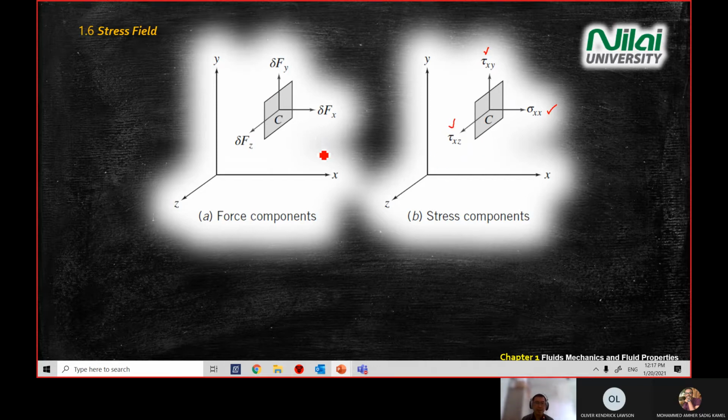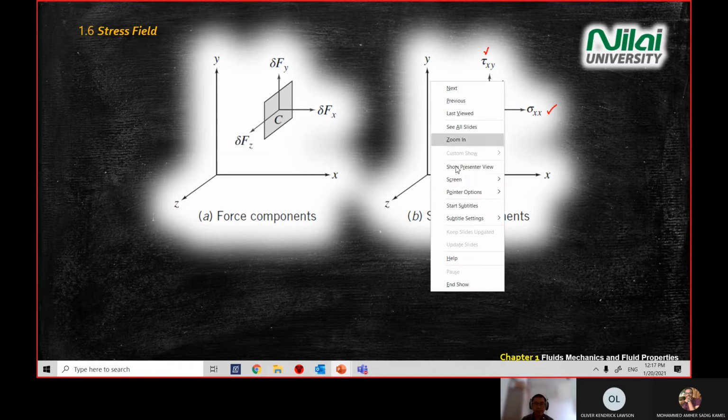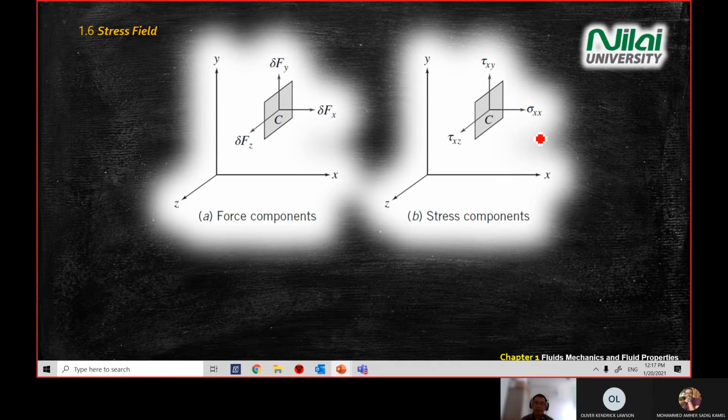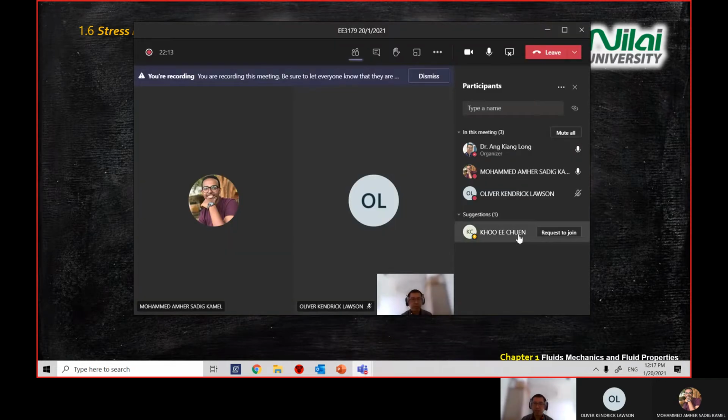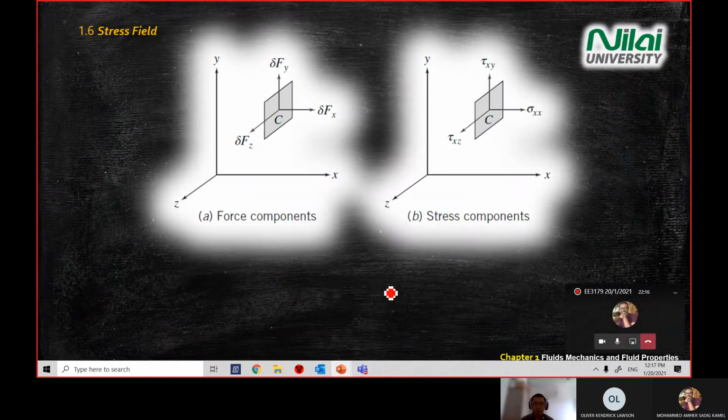Any question on this slide? Any question on the notation? Anyone still not very clear? Why does this one become xx? Why does this one become xy? Why does this one become xz? Let me check attendance. Who is still not here? Who is still a little bit confused? On which one?